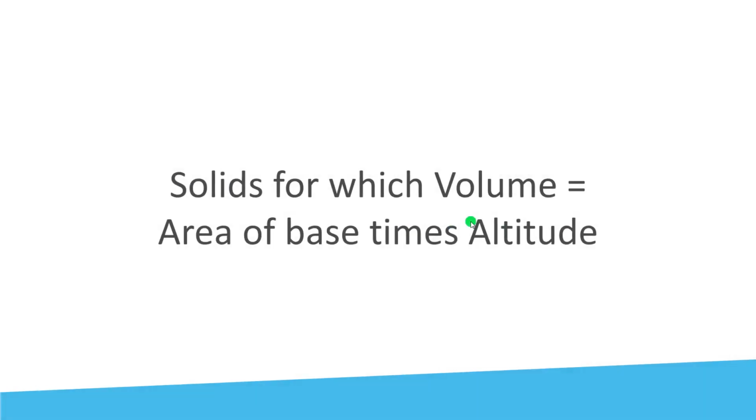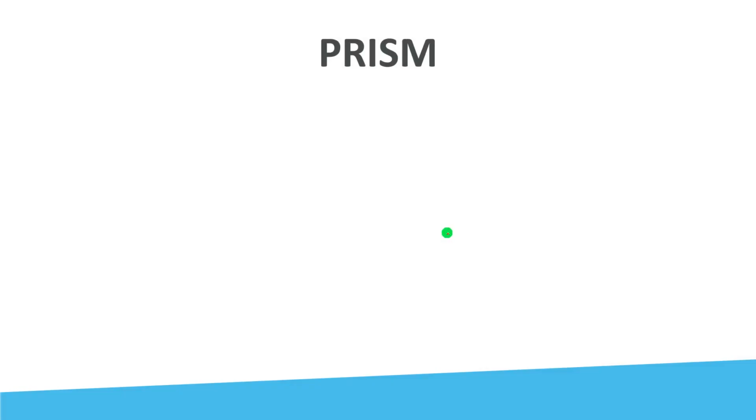First, let's discuss solids for which the volume is equal to the area of the base times the altitude. One example of which is the prism. A prism is a polyhedron in which two faces are equal polygons in parallel planes, and all other faces are parallelograms.